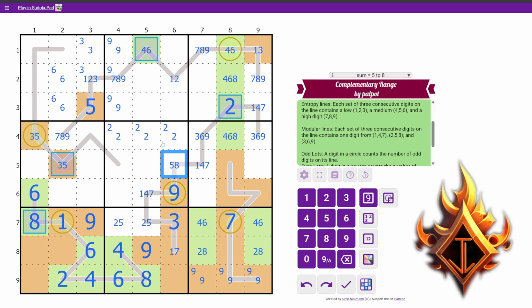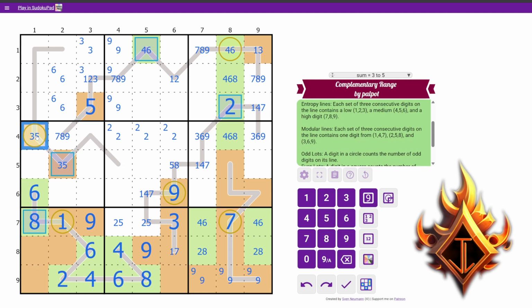That is 5, 8. That doesn't tell me if it's odd or even yet. But I could probably get that with, although if this is, an 8 could still go here, I guess. So that's not quite enough.